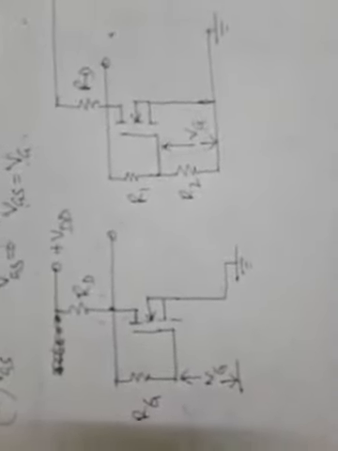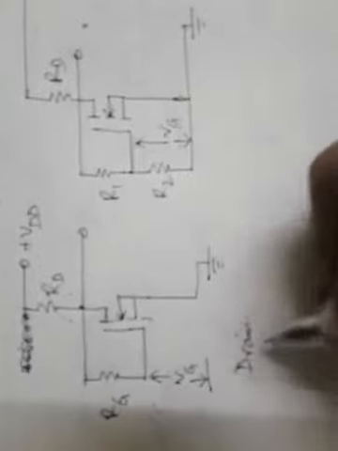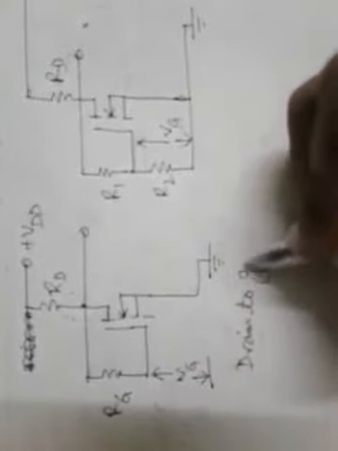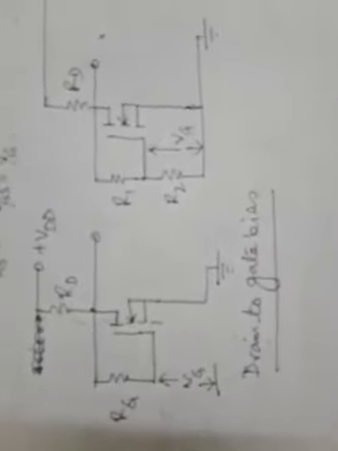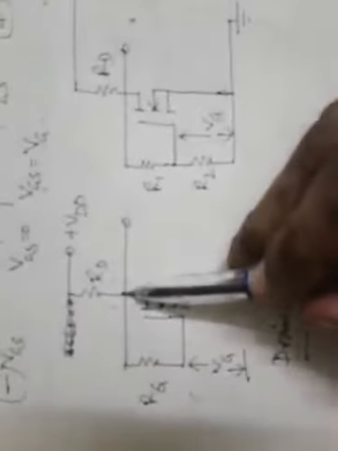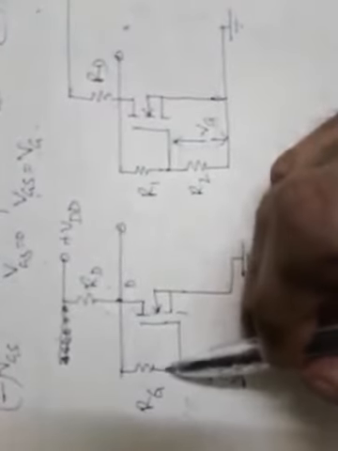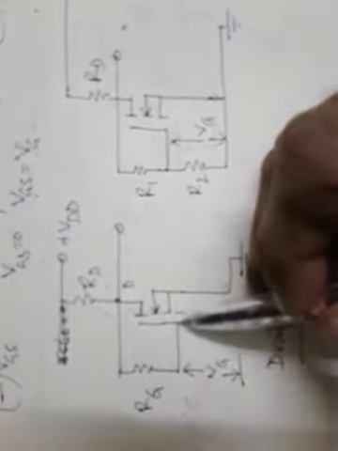No depletion mode is there in this, and this circuit uses the drain to gate bias technique. As you can see, the drain terminal is connected through a resistance, the bias resistance, directly to the gate.